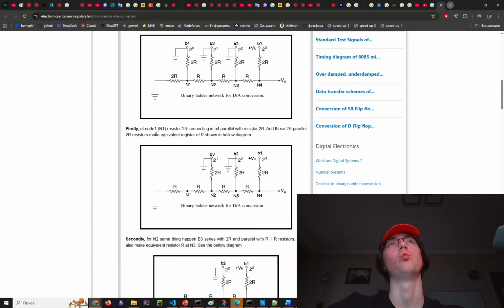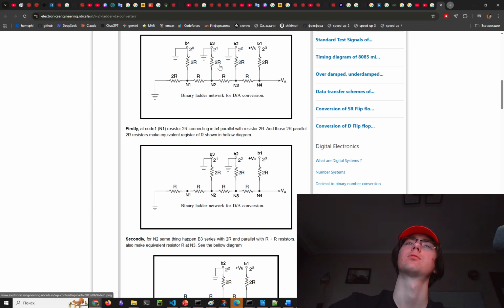Firstly, at node 1, resistor 2R connected in parallel with the resistor 2R. Those two parallel resistors make an equivalent resistor of R, shown in the diagram below. So he means these two are connected in parallel?